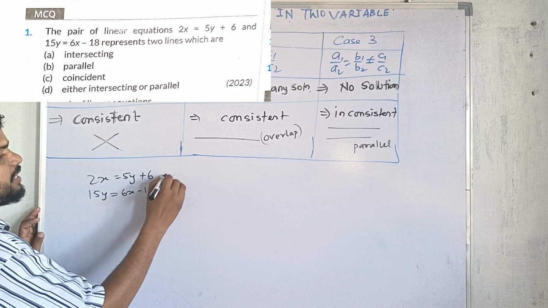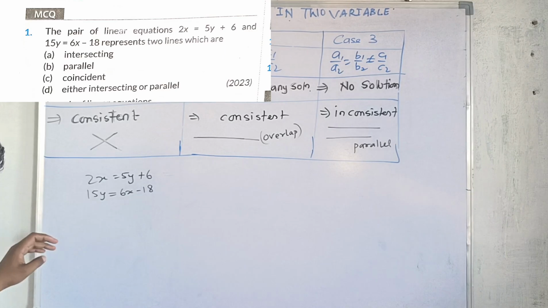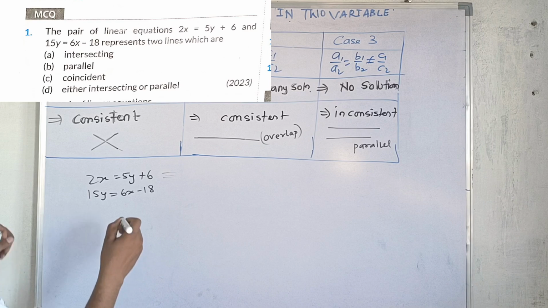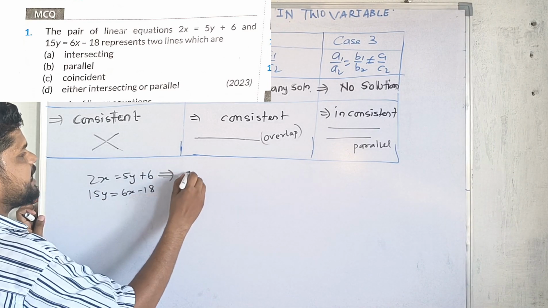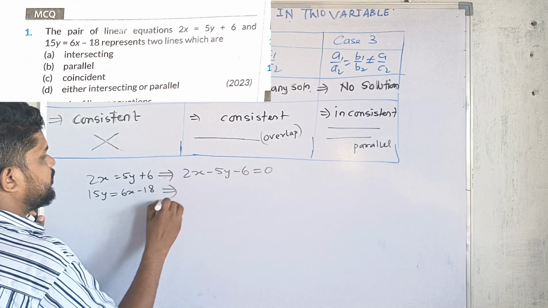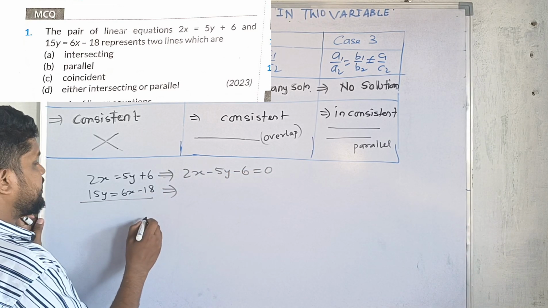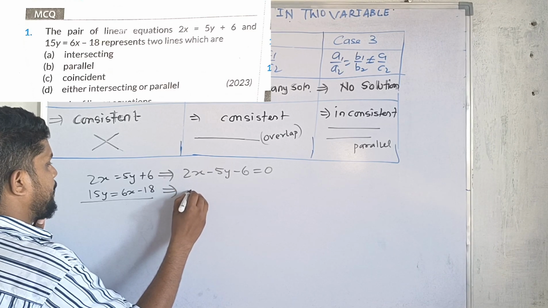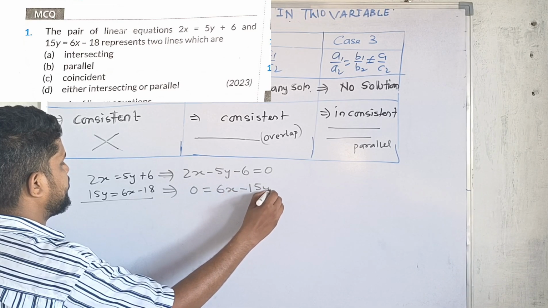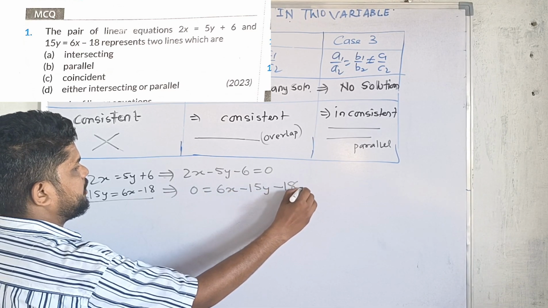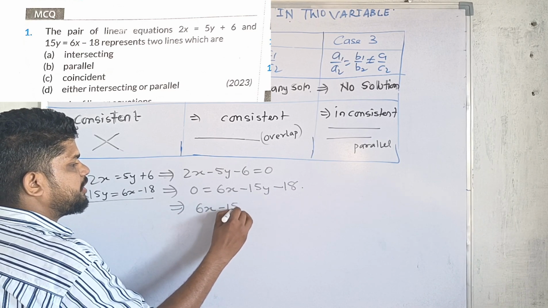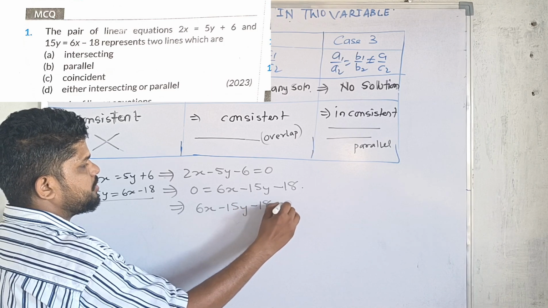Here the first equation can be written as 2x minus 5y minus 6 equals 0, and the second equation can be rewritten as 0 equals 6x minus 15y minus 18. So we can rewrite this as 6x minus 15y minus 18 equals 0.